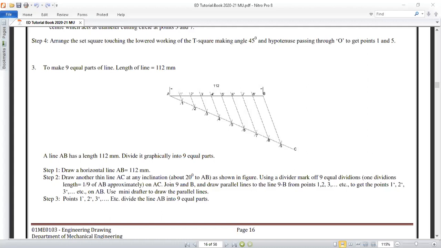So here what we are going to do is take one angle from this horizontal line, like this.